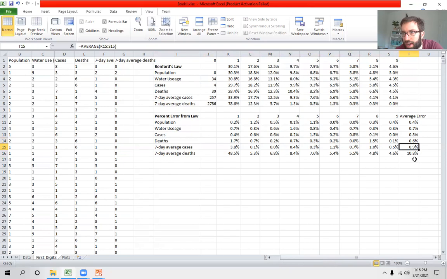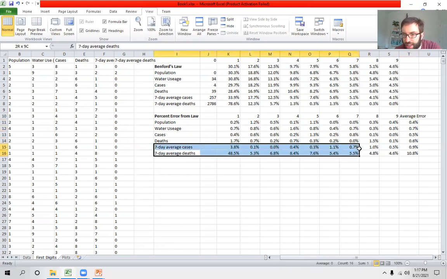Now the average error is 0.9%. Why would that statistical error be higher? It's because we don't have a large span of data, okay? Remember I said that the data has to span a large order of magnitude, okay? And so now it's close, but we're outside of the normal error range of 0.4 to 0.7%.